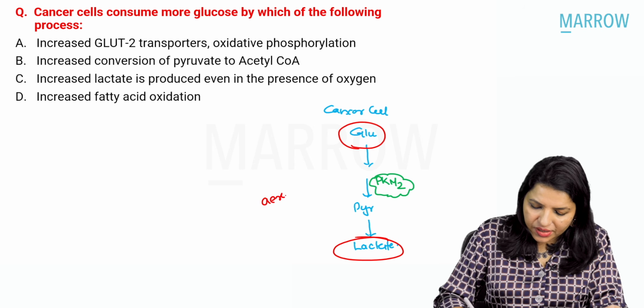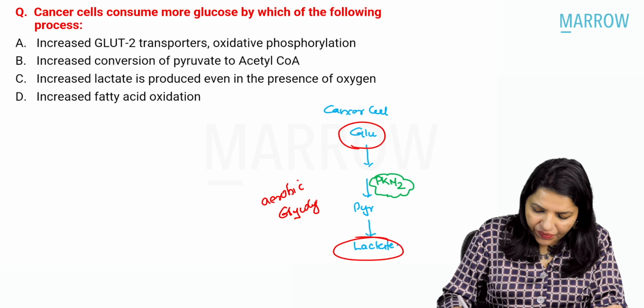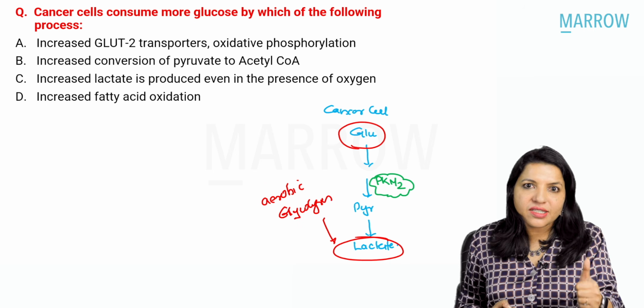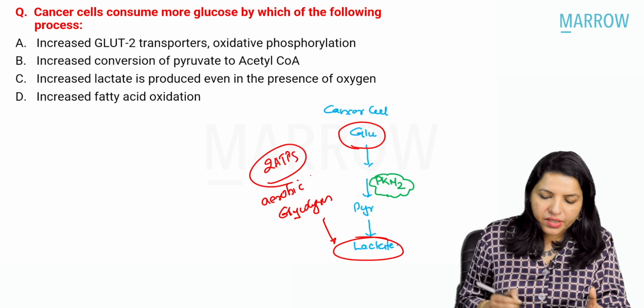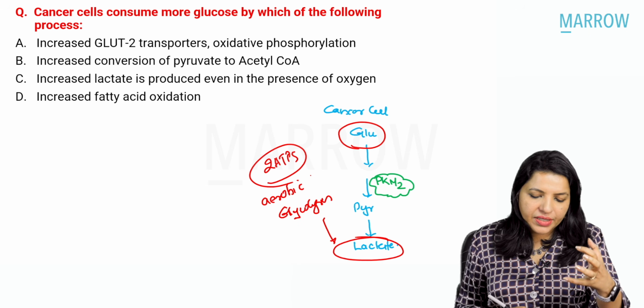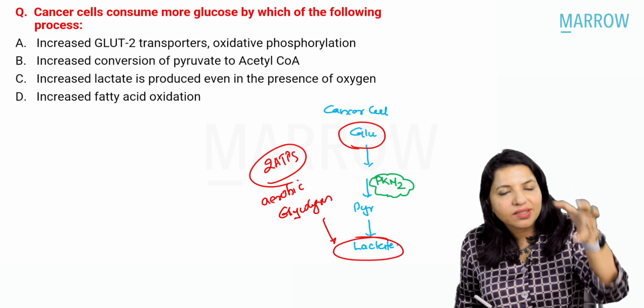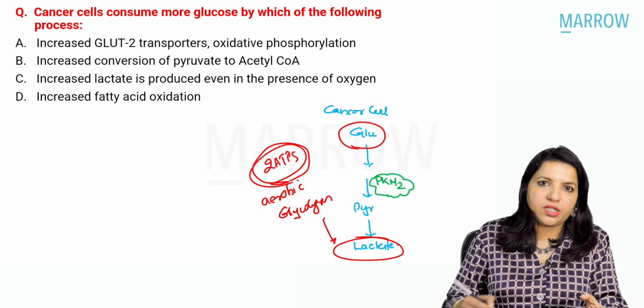So this is called aerobic glycolysis, even if the product is lactate. And as the product is lactate, we are getting only 2 ATPs. The question is not why it is consuming more glucose. The exact reason why it is consuming more glucose is that it produces only 2 ATPs.